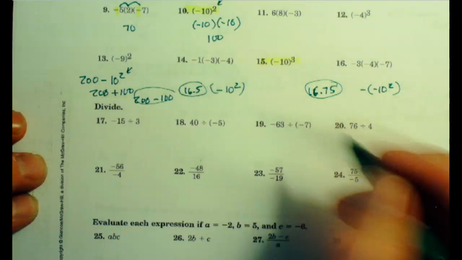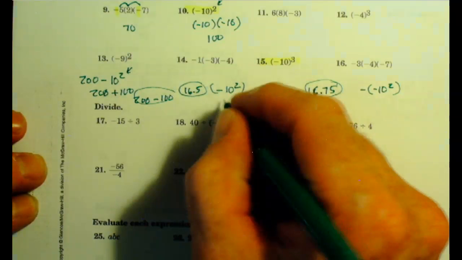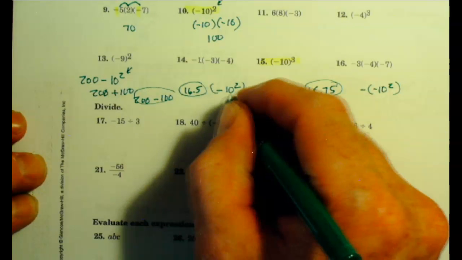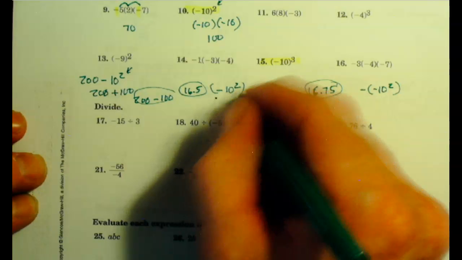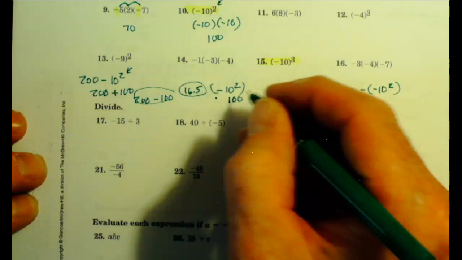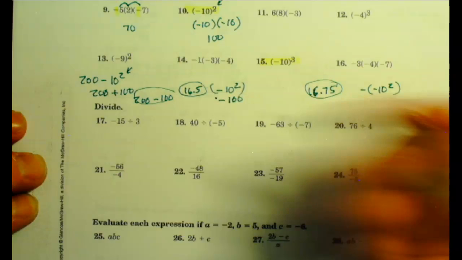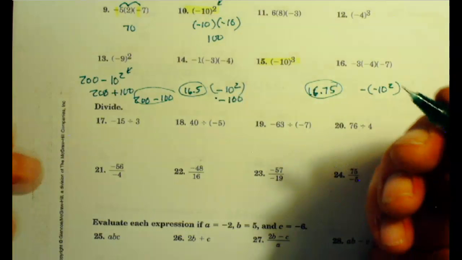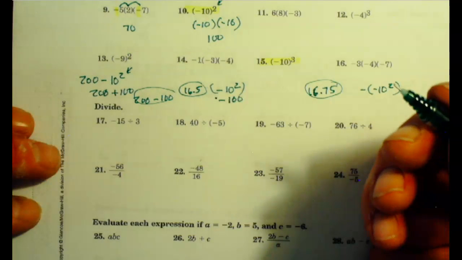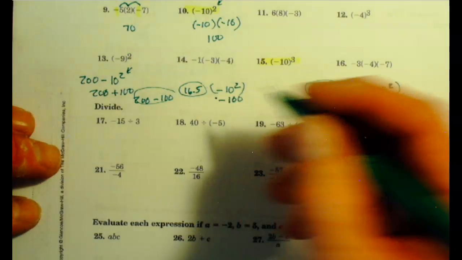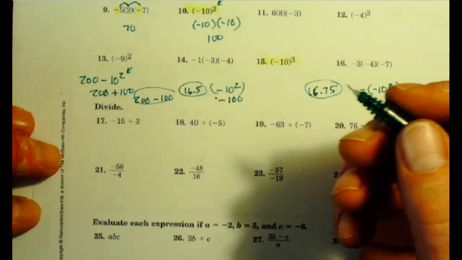Well, in that same school of thought, this one here, you go inside the parentheses, and inside the parentheses you do the exponent. You have 100, and you still have this negative symbol out there. If you want to think of that as a negative 1 times that, you can. This is negative 100. Are you with me?